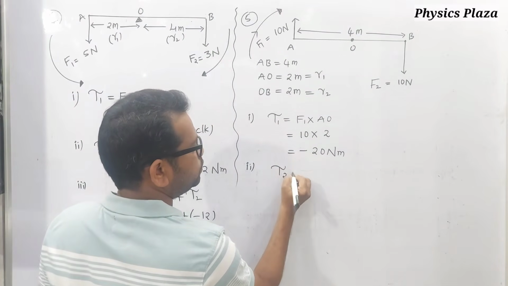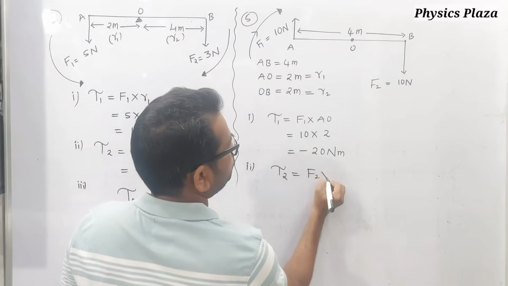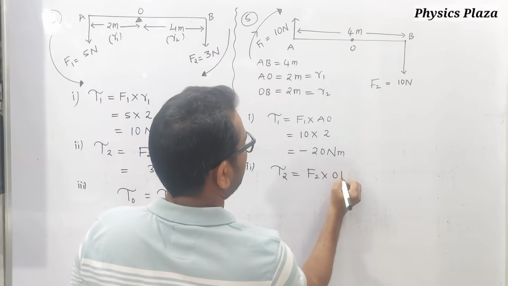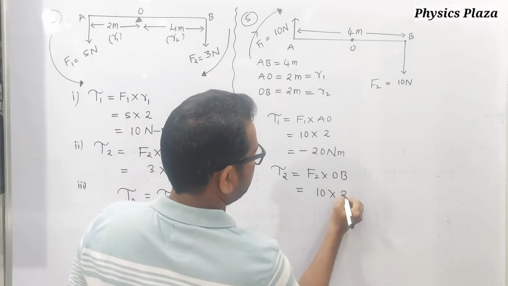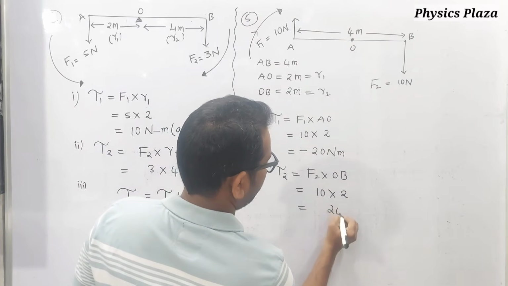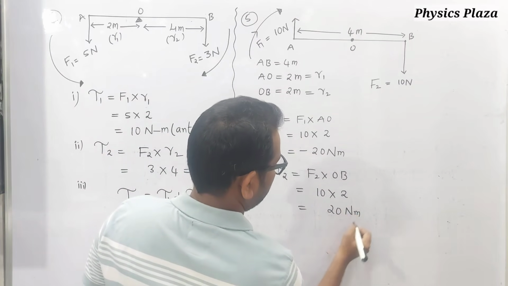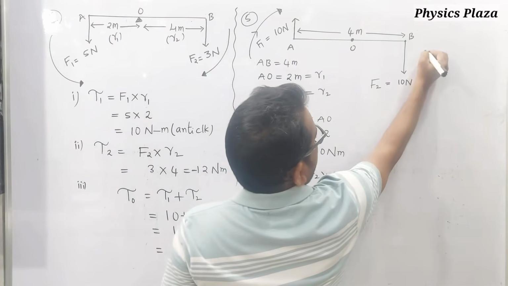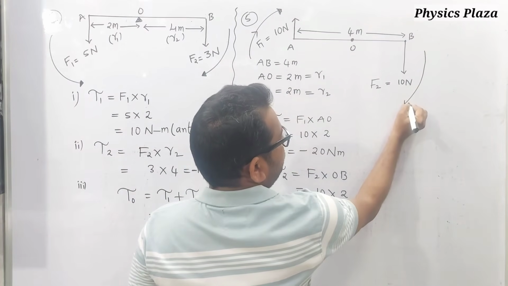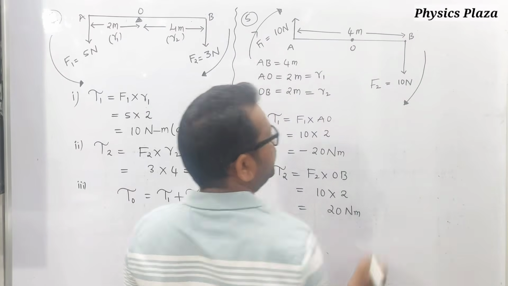Fine. And the second one, the moment developed due to this F2, let us see. Let us name it tau 2 is equal to F2 into OB, that is R2. So this is 10, OB is 2 only. This is 20 Newton meter. But let us see whether it is clockwise or anti-clockwise. Obviously, this 10 Newton force will try to produce a clockwise moment only.